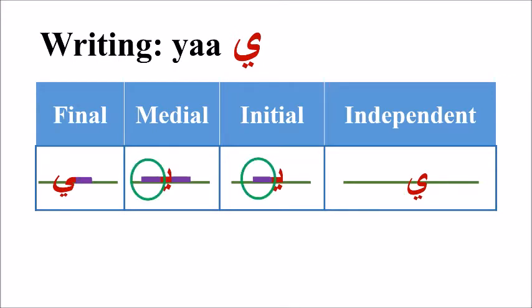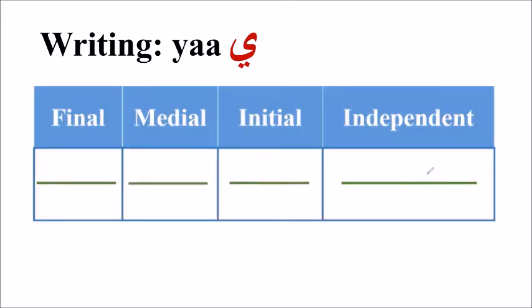All shapes of ya retain the two dots below, but in handwriting, the two dots underneath are usually drawn as a short horizontal bar, just like the dots on top of ta. To write independent ya, start above the line and curve slightly upwards and around in an S-like shape. Continue below the line into a wide flat curve as shown, and make sure to bring the tail all the way back over the line.